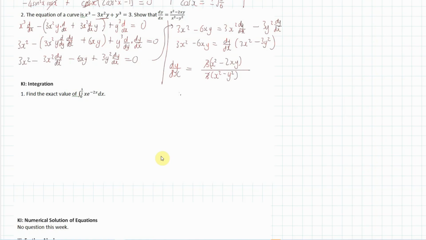So I'll say u equals x, therefore du/dx equals 1, and I'll say that dv/dx is going to be our e to the negative 2x, and therefore v is equal to minus 1/2 e to the minus 2x. Now we're ready to go.